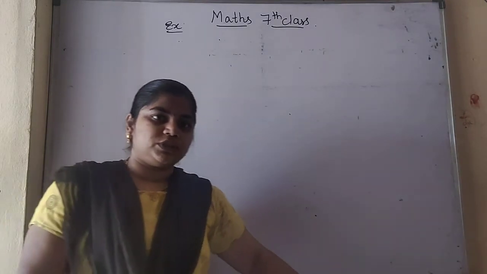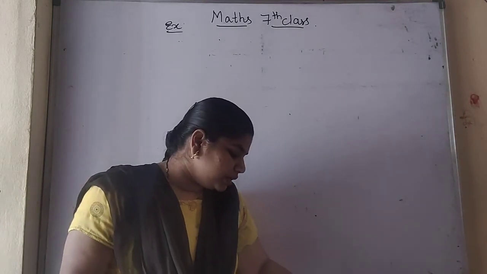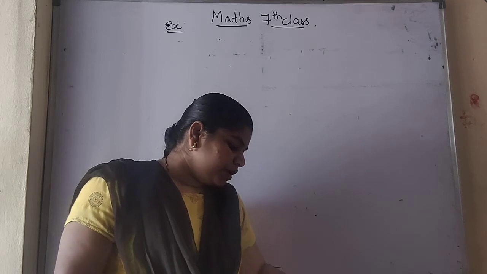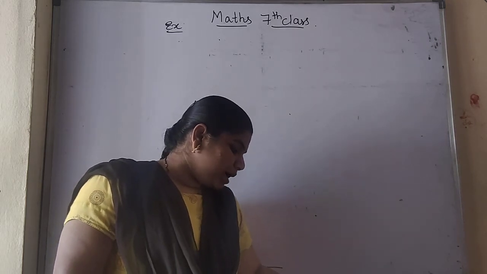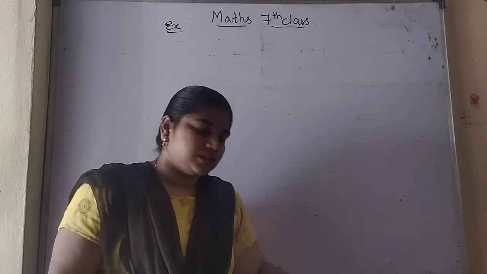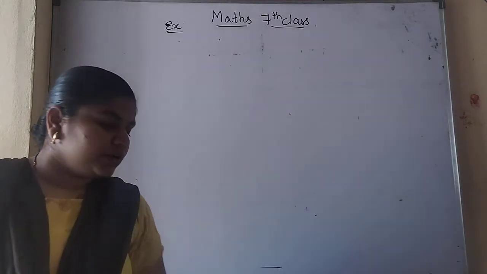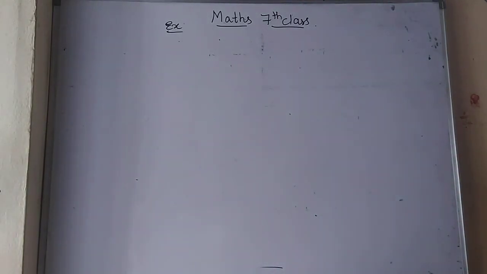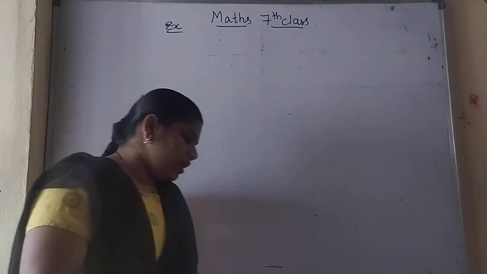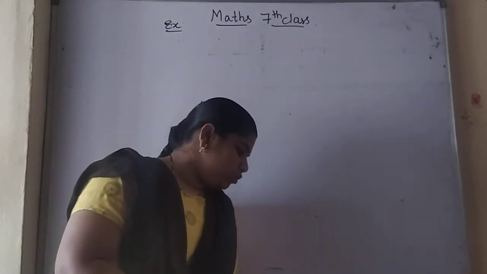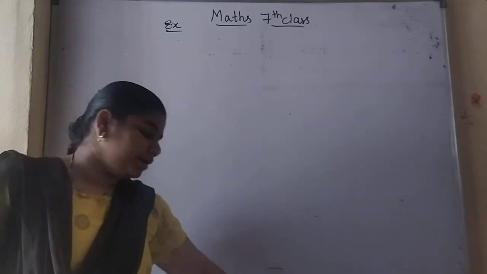So total how many questions are there? 15 questions are there. 4 marks are given for every correct answer and -2 marks are given for every incorrect answer.